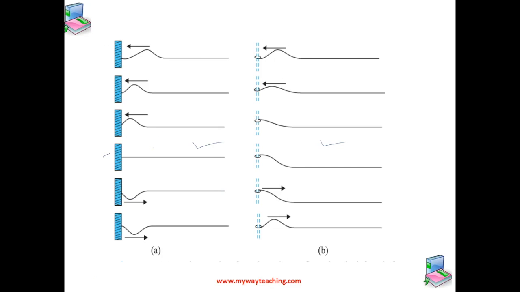Here we saw in the second figure that the reflected wave is not inverted, but in the first case it is inverted, isn't it? So the net maximum displacement at the boundary is twice the amplitude of each pulse in that case.